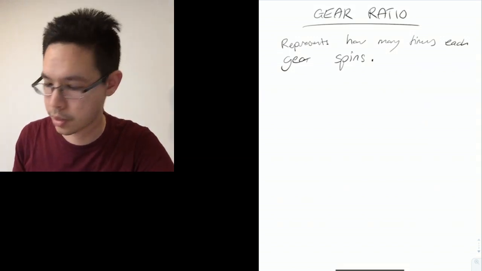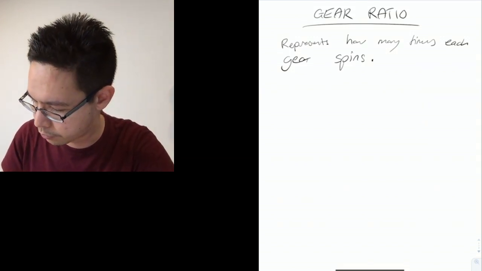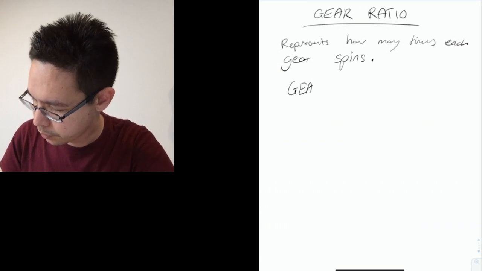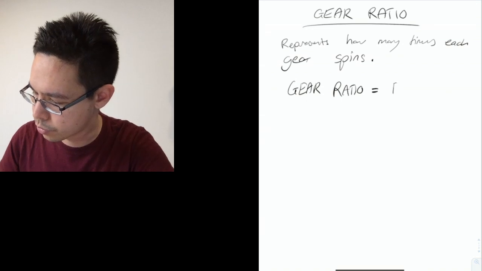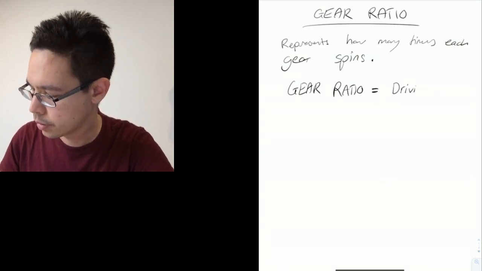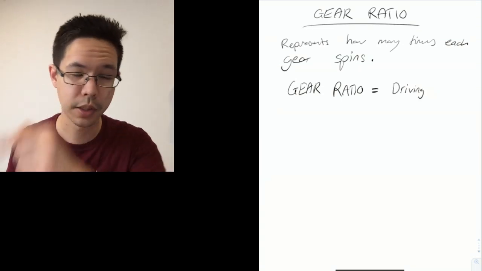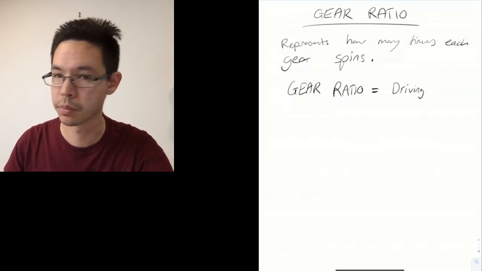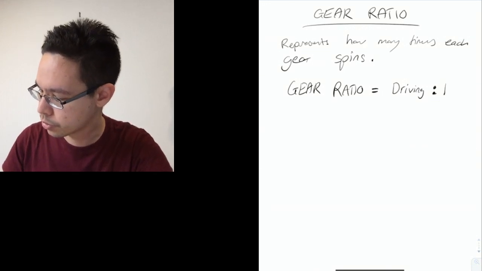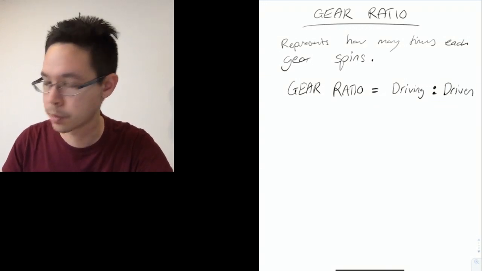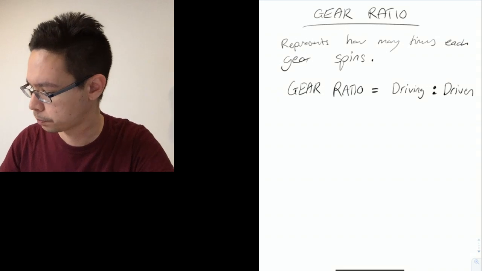Okay, so that's the basic definition there, where gear ratio is equal to the driving gear, but the website used the word driver, is to the driven, the one that you are spinning afterwards.